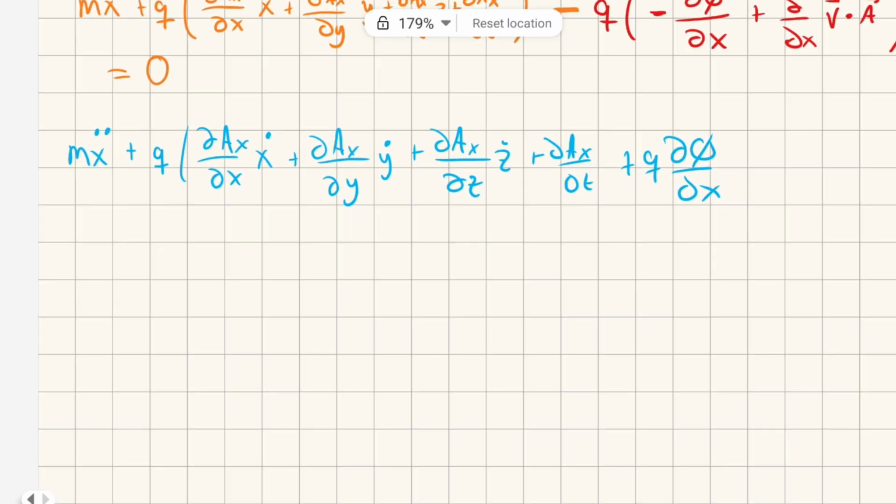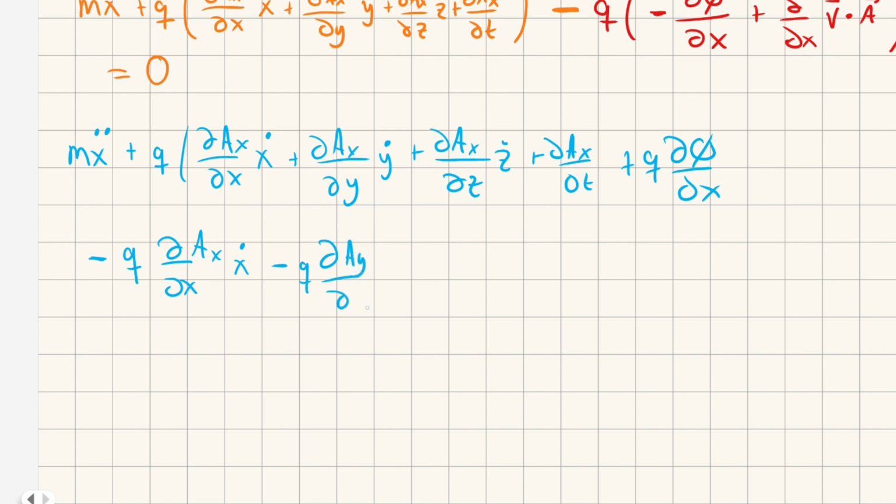We will have minus q, the derivative with respect to x of ax, x dot, and then minus q, the derivative of ay with respect to x, y dot, and then minus q, the derivative of az with respect to x, z dot. Okay, perfect.